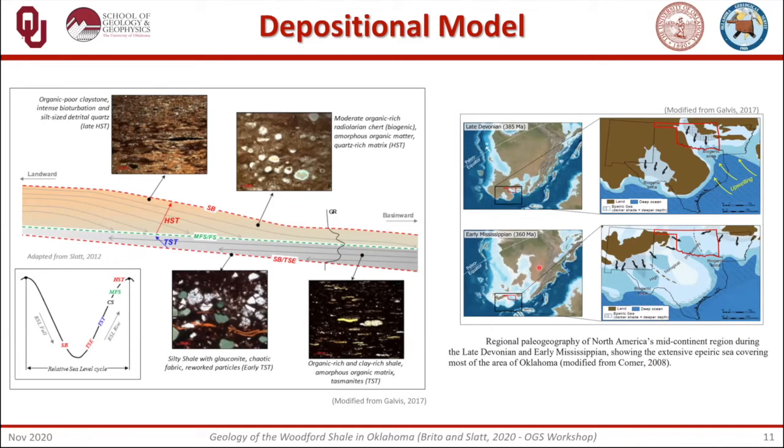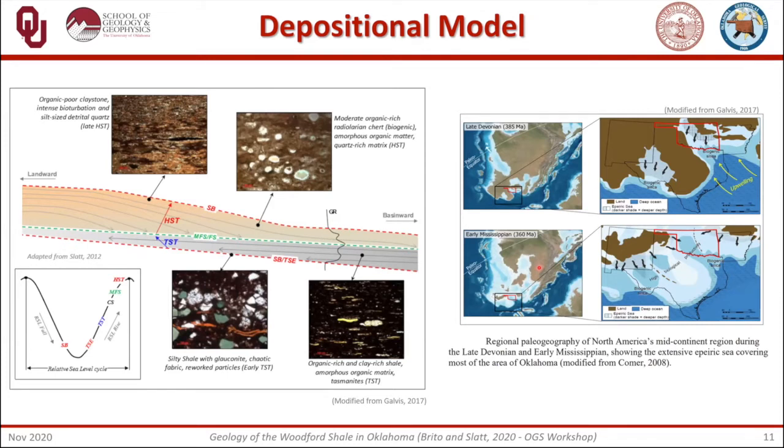It's not a deltaic highstand style, but instead a time where the relative sea level was high and you have a more continuous deposition of sediments across the basin. So the facies that you find in the Woodford relate a lot to these changes from the lower part of the Woodford towards the upper part of the Woodford.